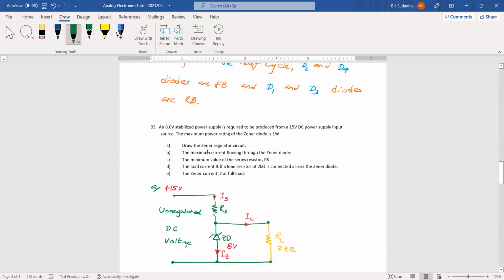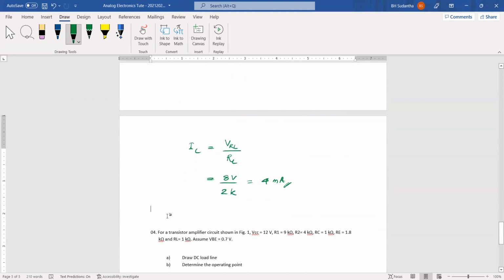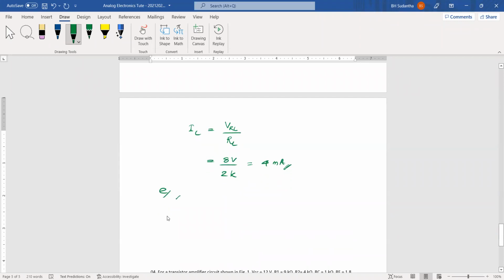Okay. Then the Zener current, IZ, at full load. Full load, RL is 2 kilo ohm. Then when RL is 2 kilo ohm, we have IL as 4 milliampere.